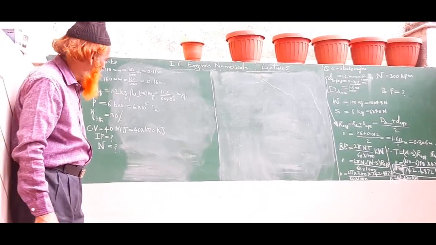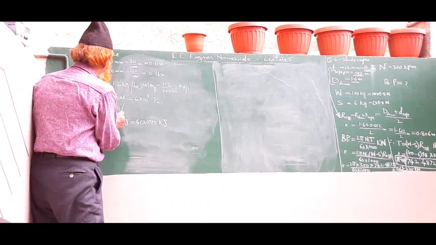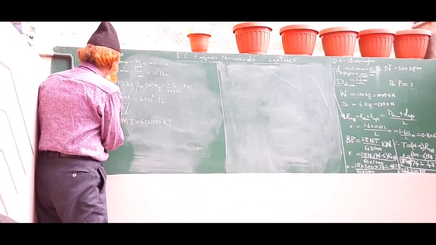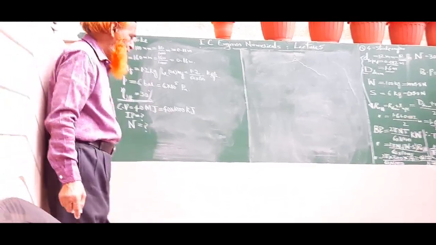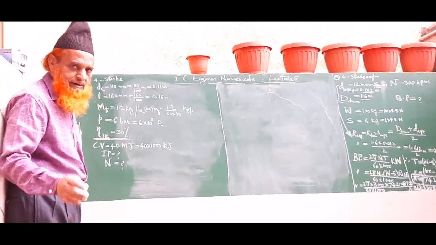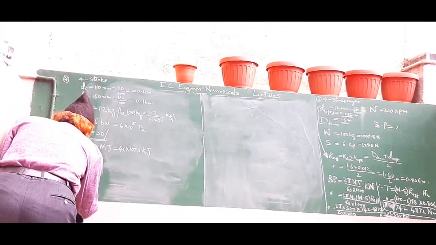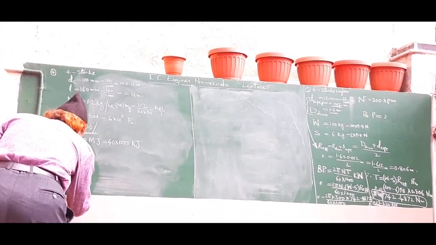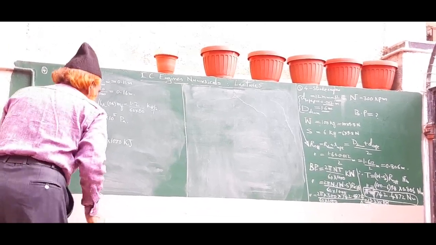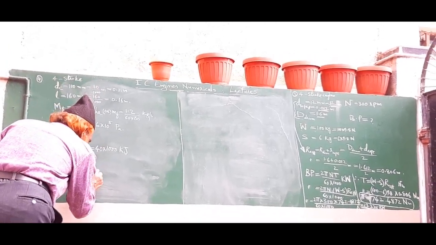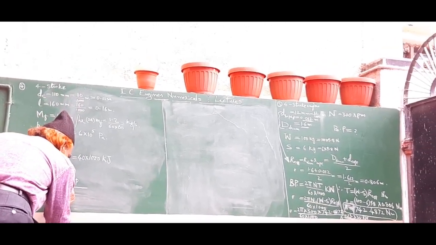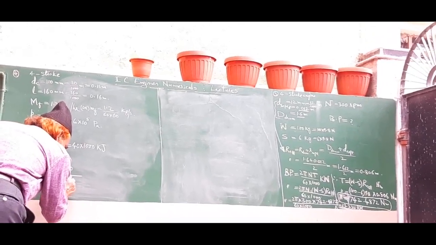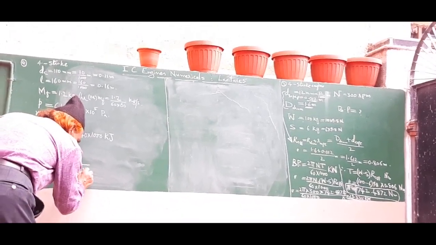Now, indicated thermal efficiency is given. Therefore, we have to use the formula for indicated thermal efficiency, from which we get indicated power very easily. Take down the formula. Indicated thermal efficiency is equal to IP divided by MF into calorific value.